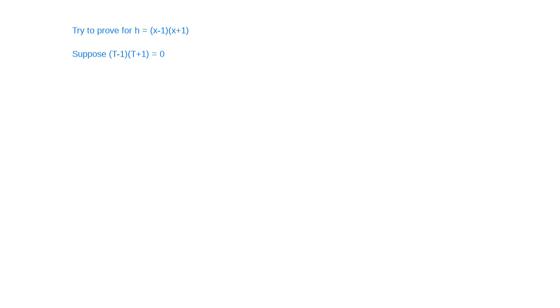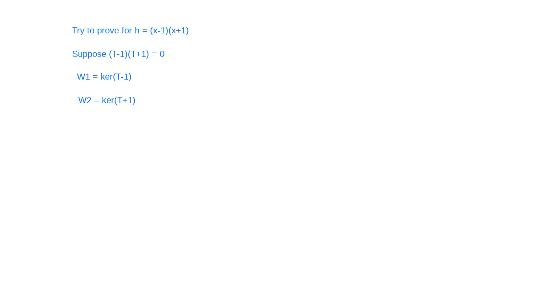And we're going to put W1 to be the kernel of t minus 1, W2 to be the kernel of t plus 1. And we want to write every vector as something in the kernel of t minus 1 plus something in the kernel of t plus 1.